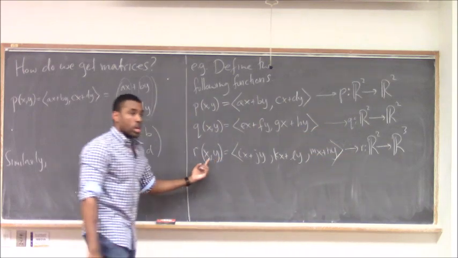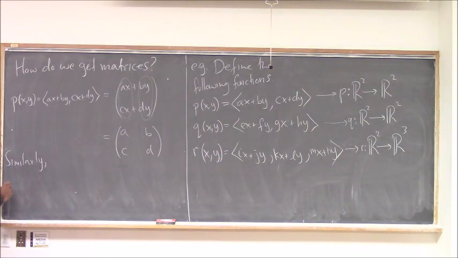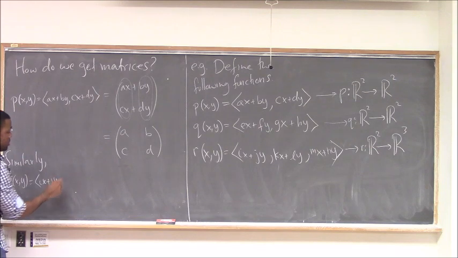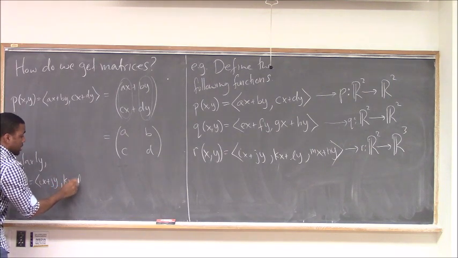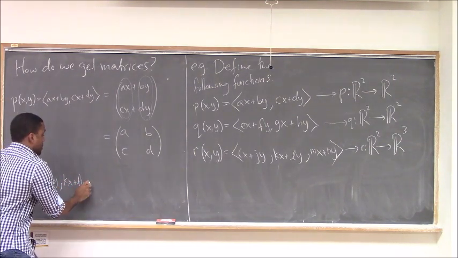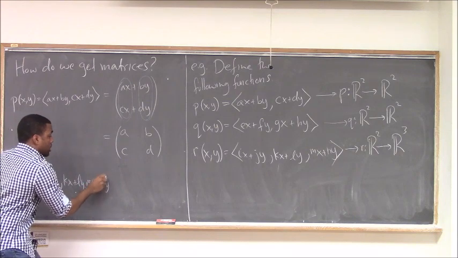But let's look at what R would look like. If I start with R, ix plus jy, comma, ax plus ly, comma, mx plus ny.